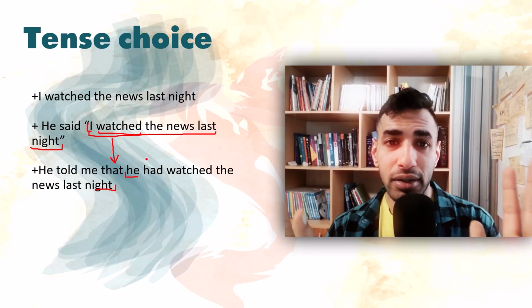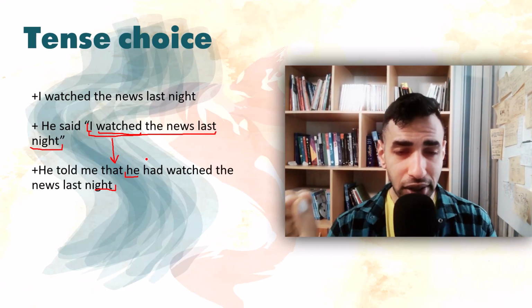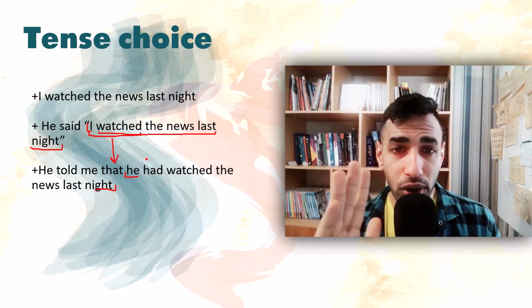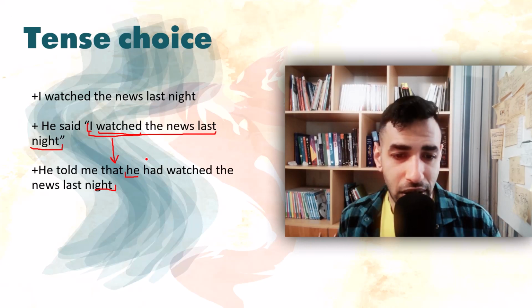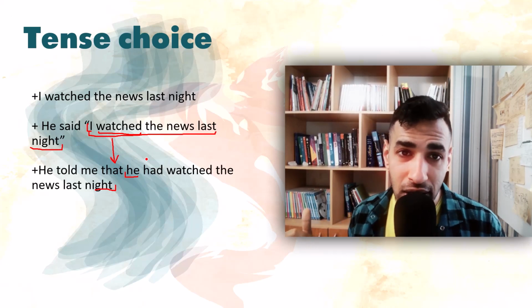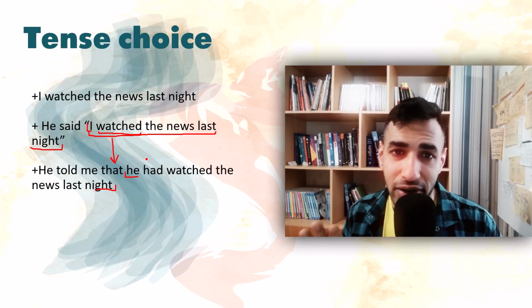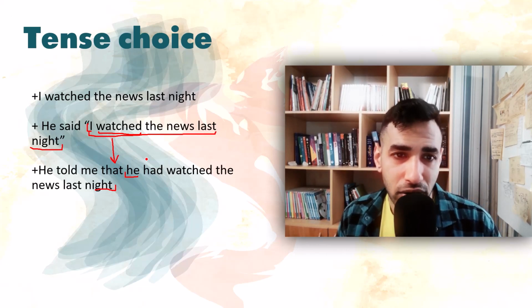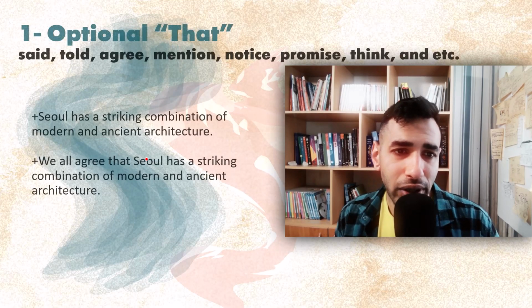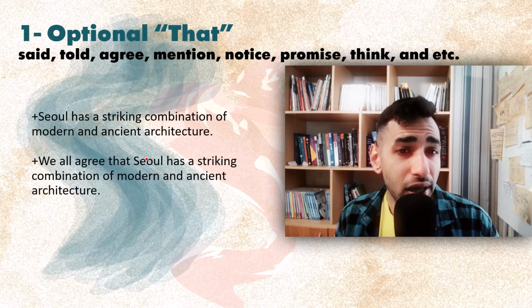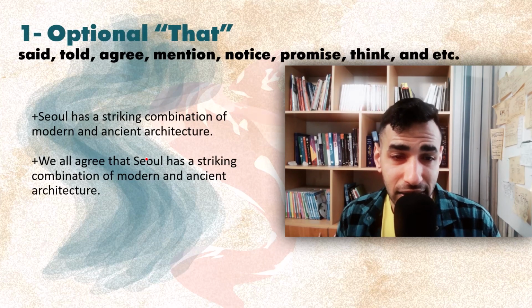So any tense that we want to use in our sentence, we move it one step in the past. Simple past changes to past perfect. I have a full video about the tense choice where we talked about this thoroughly, and now we want to learn omittable that.